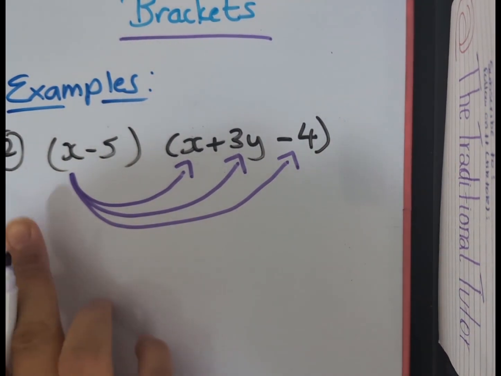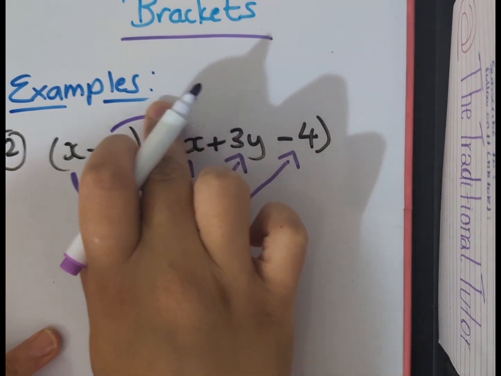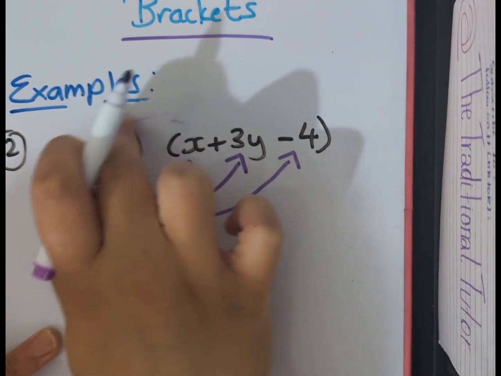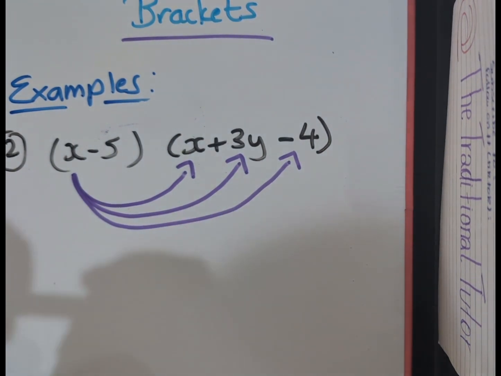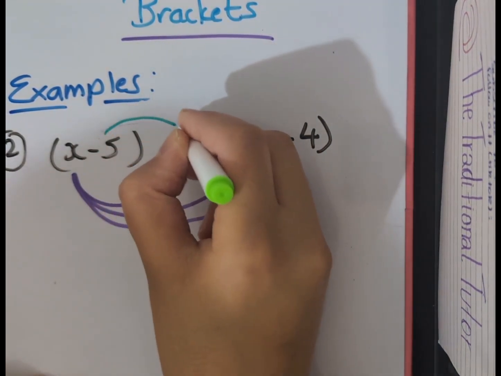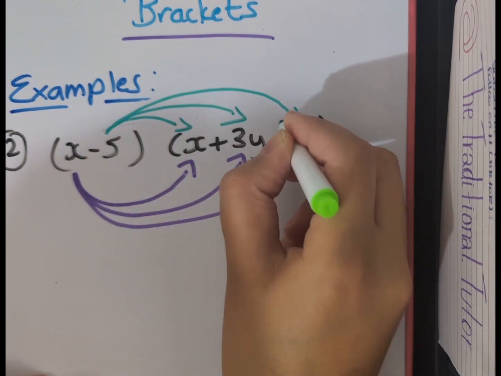So I've got three arrows this time because there's three terms here. Then negative 5 should be multiplied, just use a different color here. So negative 5 should be multiplied by everything in the other bracket. So that's x, plus 3y, and then negative 4 as well.